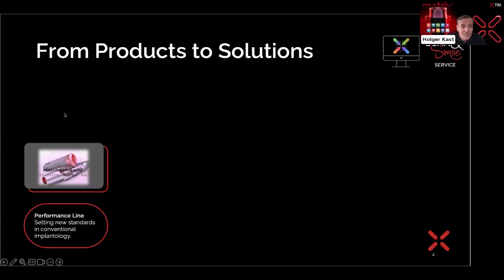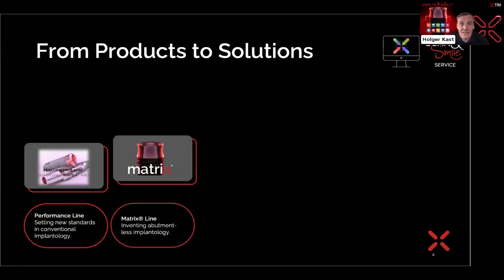Also here on this little picture, you can see we were already very innovative at this time, and we also created a pink anodized surface on our tissue level implants to have a more aesthetic aspect, which had quite a good impact to show that we create innovative products.